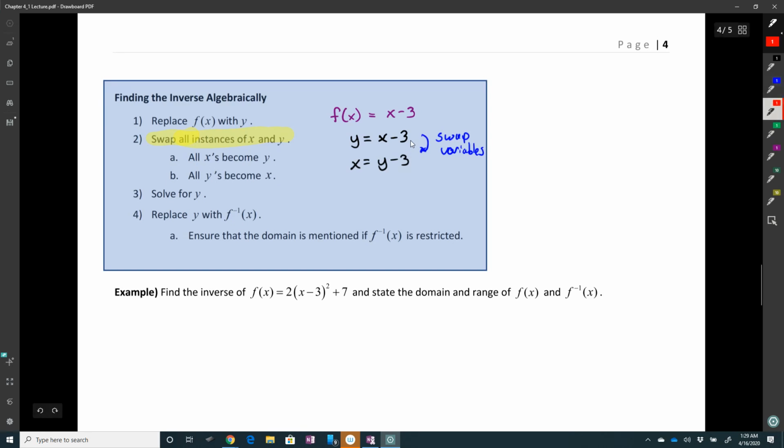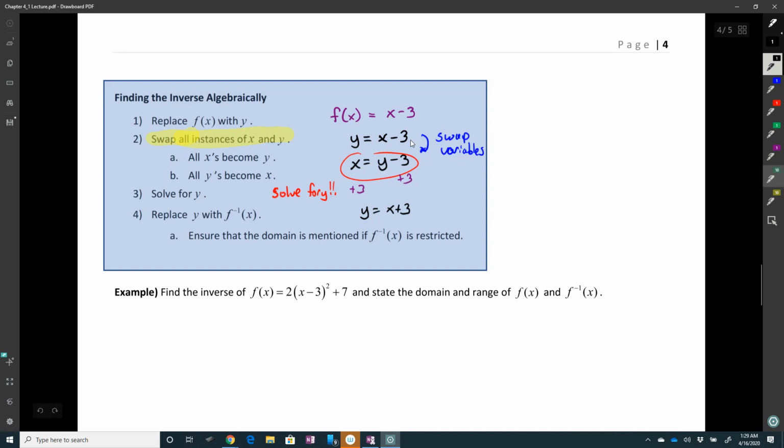So after you swap, what you're going to do is solve for y. And here, all I got to do is add 3. And I have y is equal to x plus 3. Okay?